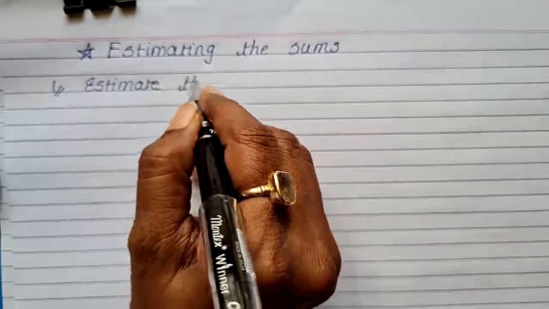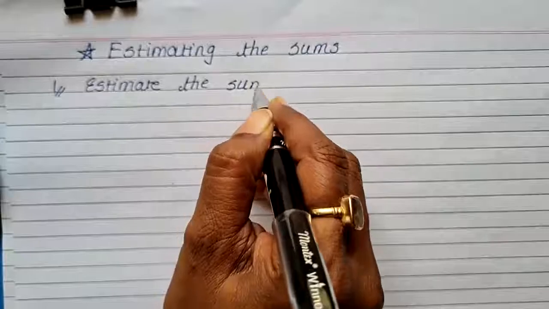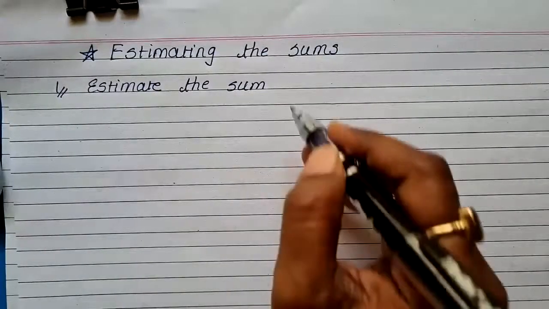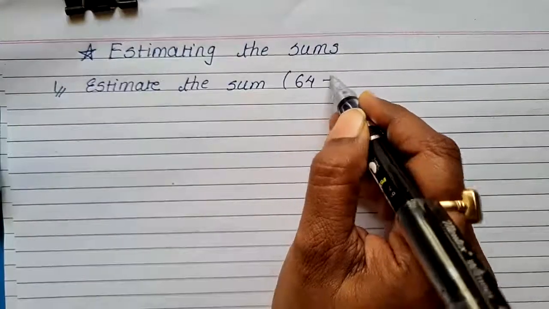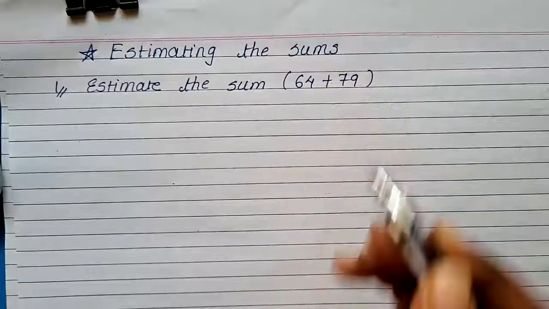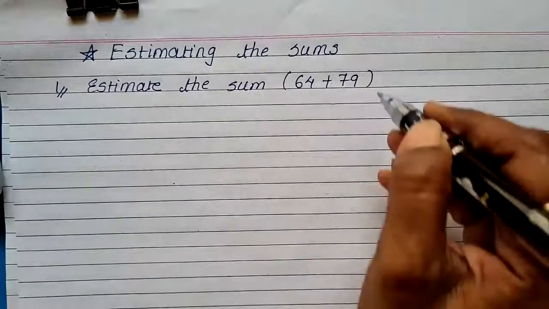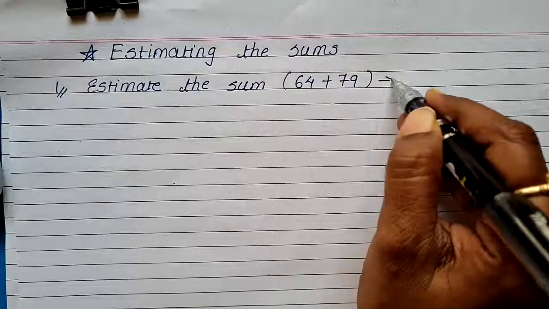For example, the first one is: estimate the sum 64 plus 79, to the nearest tens.